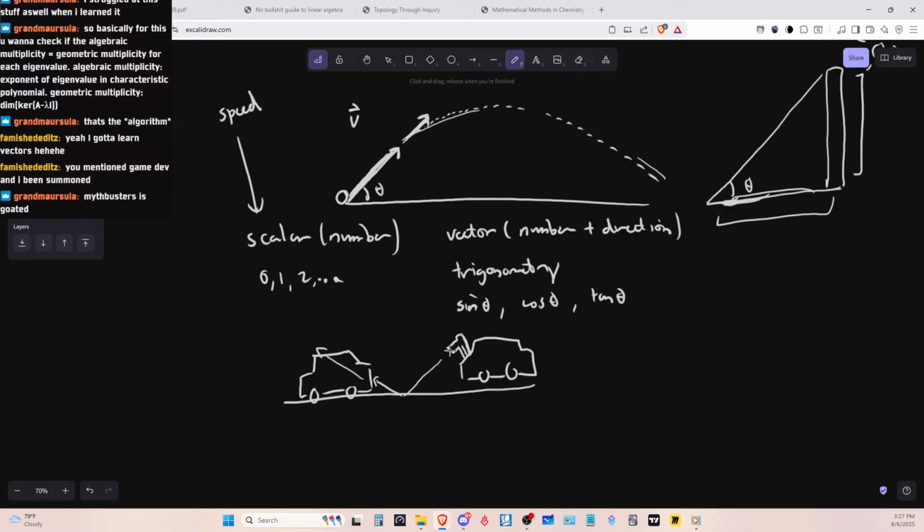If you were to shoot a bullet, depending upon the angle you shoot at, which is a vector, you would have an angle right here. You have to judge the angle, and based on that angle, you can determine how much it will ricochet off the ground.